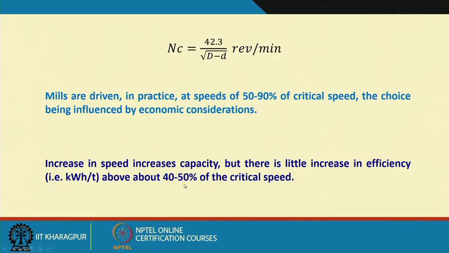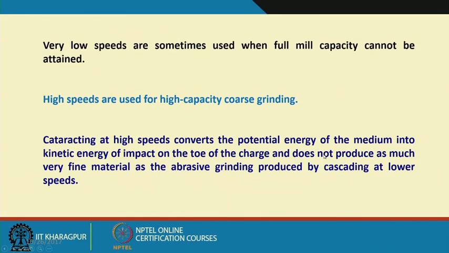So, it is being practiced that at 40 to 50% of the critical speed the mills are run or tumbled. Very low speeds are sometimes used when full mill capacity cannot be attained. Many a time, I have a mill which can process up to 10,000 tons per hour, but we are not getting input material at that rate. We may be getting 8,000 tons per hour.